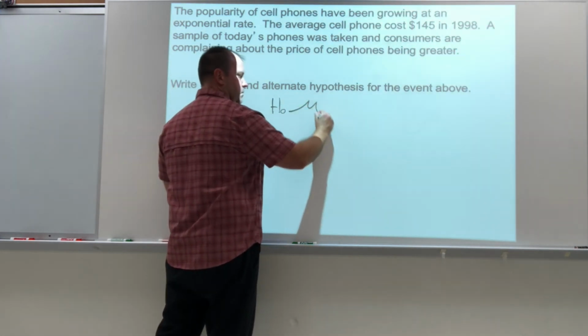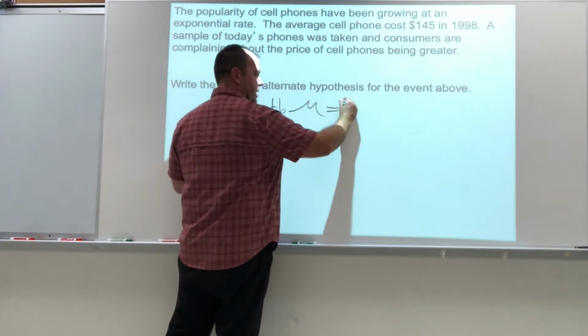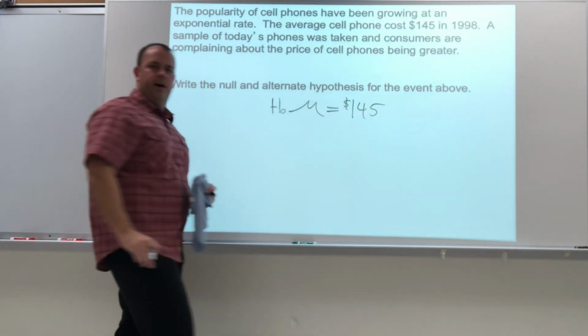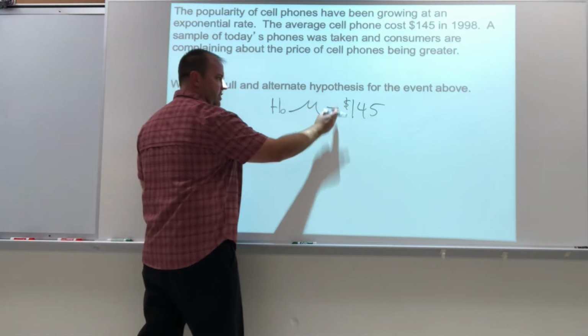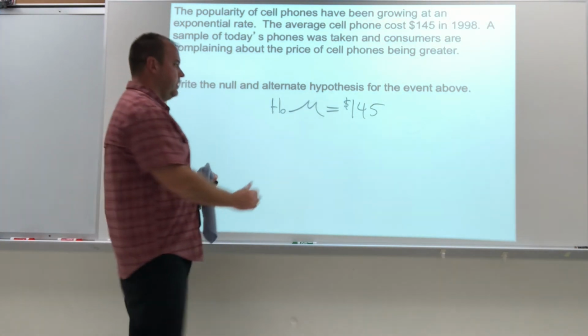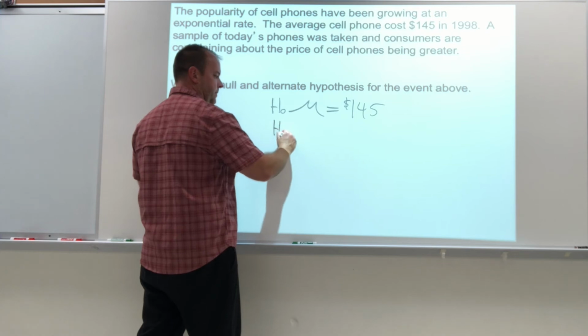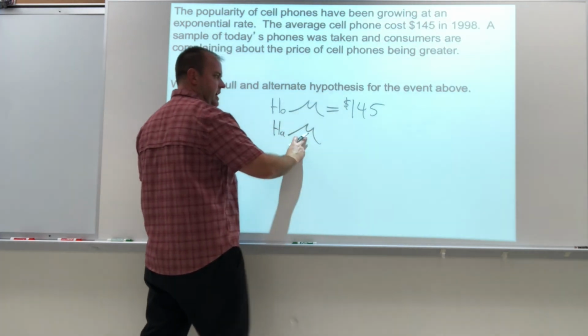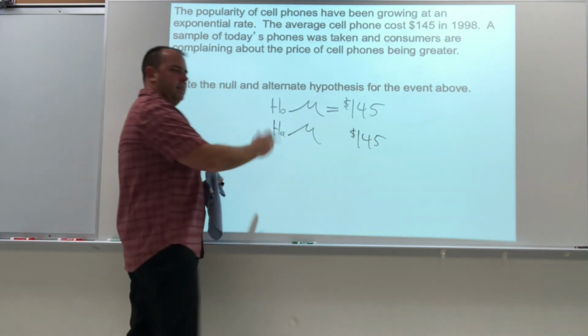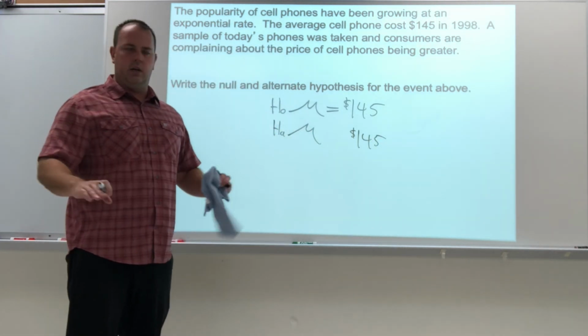Null, mu equals $145. The null is always equal to, so you should not get that wrong. It should be the equal sign. The alternative now, mu, staying the same, $145, less than, greater than, or not equal to.